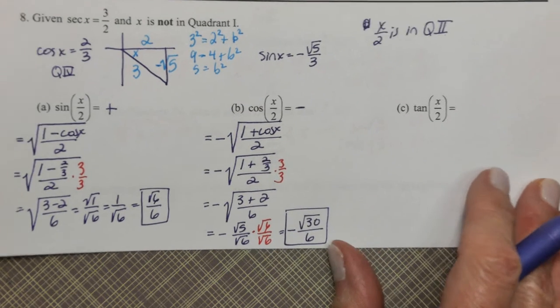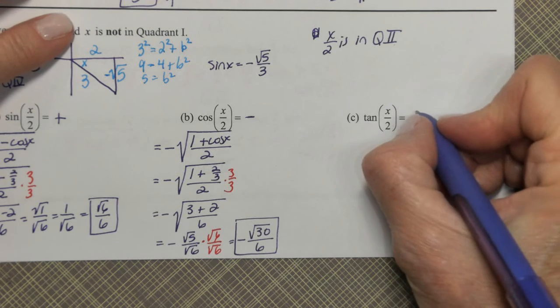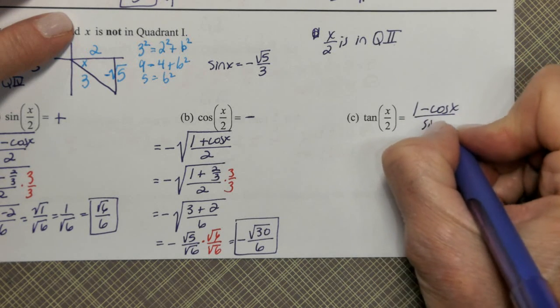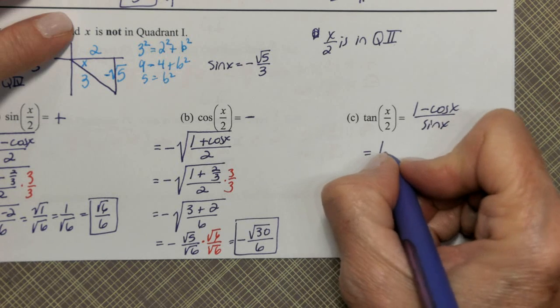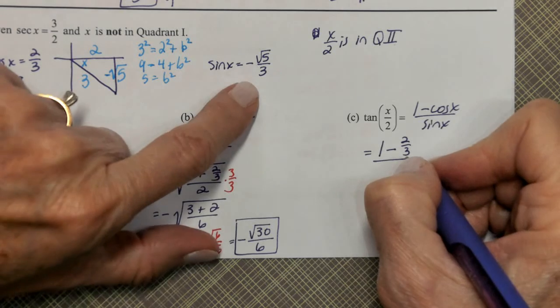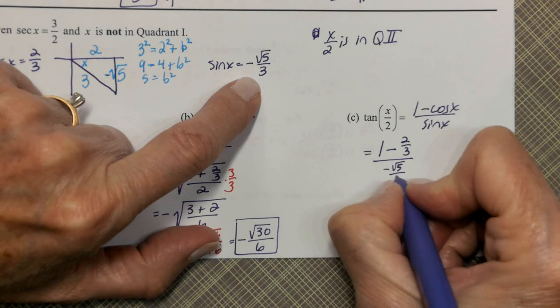For tangent, we're going to have 1 minus cosine x over sine x, 1 minus 2/3 divided by negative square root 5 over 3.